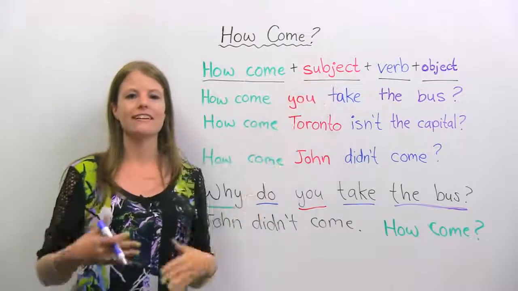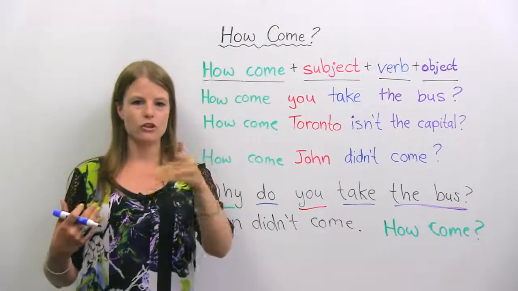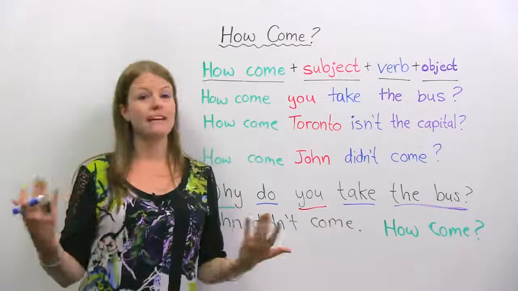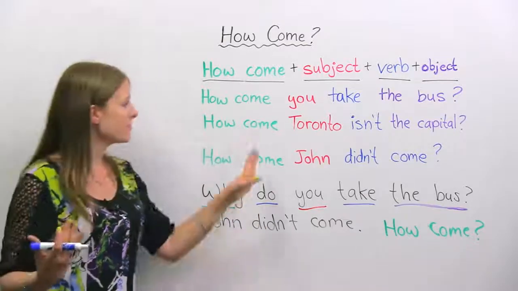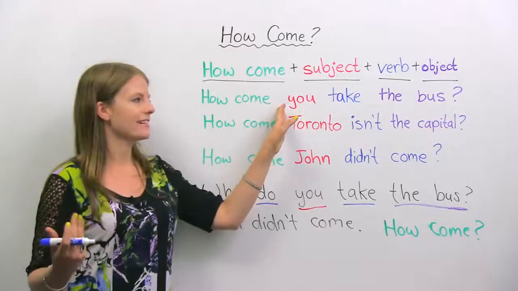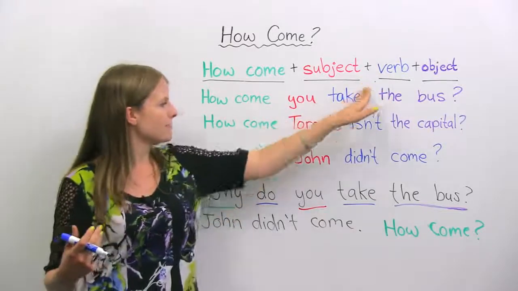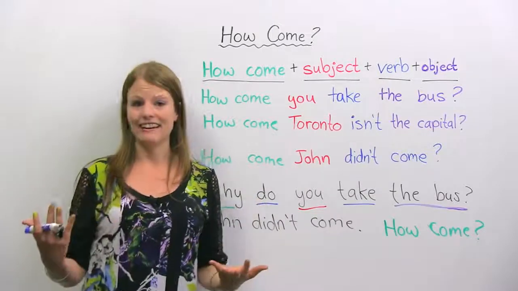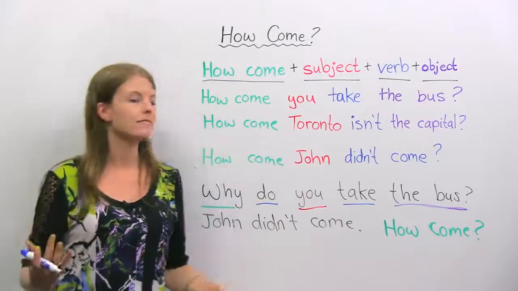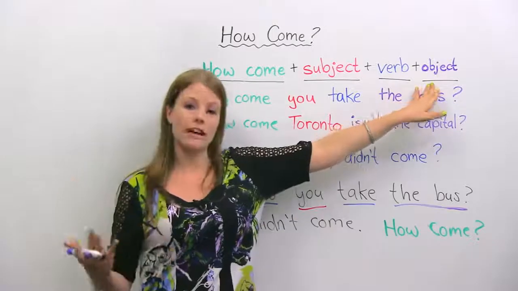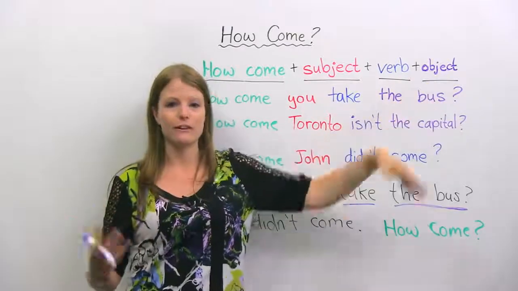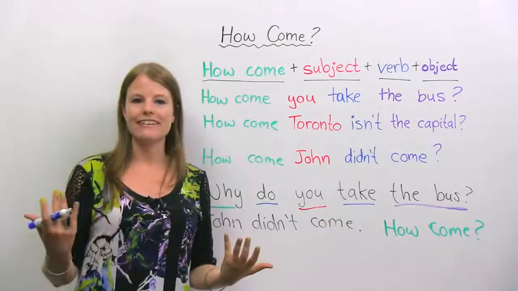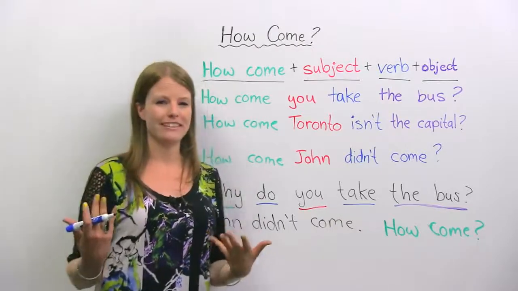A subject can be I, you, he, she, they, we, or it can also be a thing, a place, or a person, but it's the doer of the sentence. Then we have the verb. For example, play, take, listen, sing, eat. These are all verbs. And then finally we have an object, which comes after the verb in regular English sentences. Usually those can be people, places, or things.